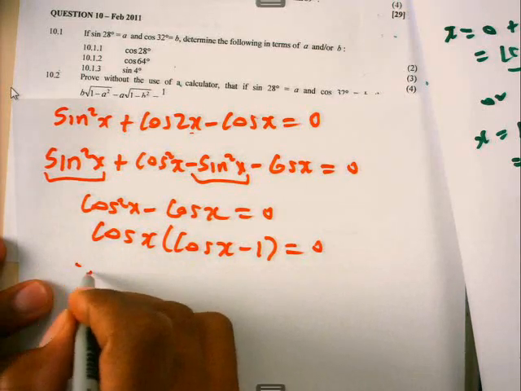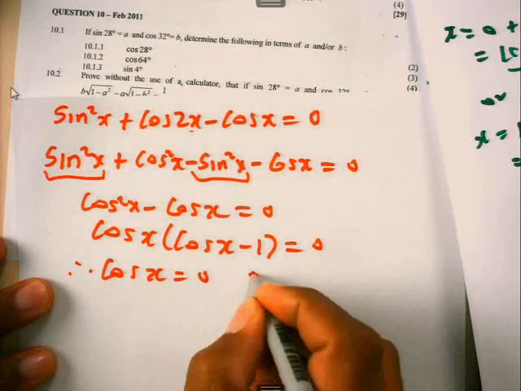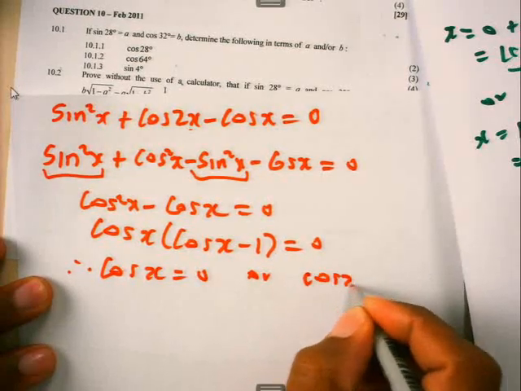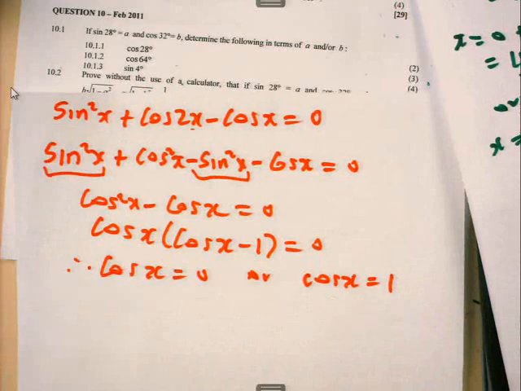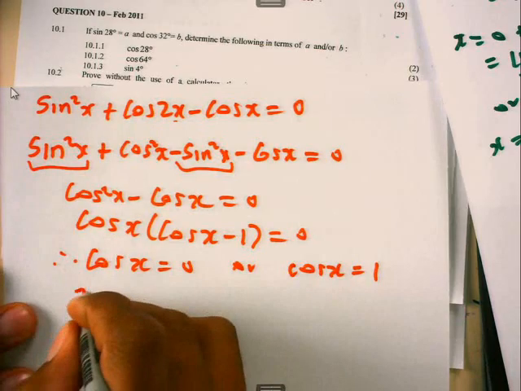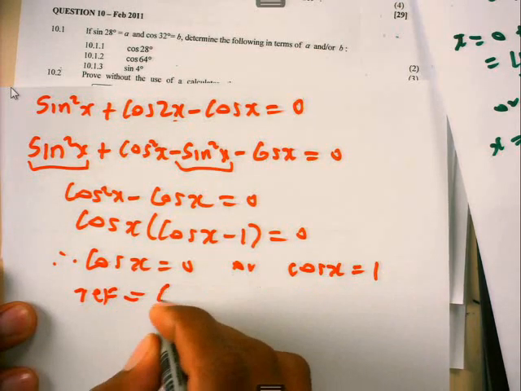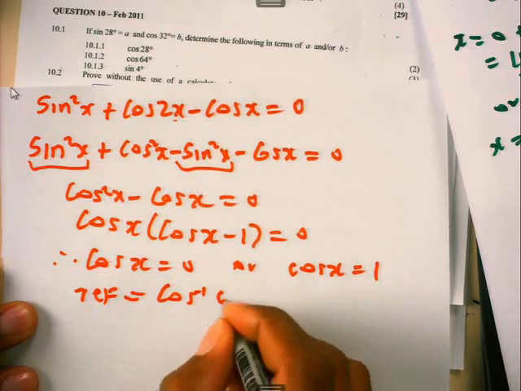Then now look, therefore here, cos x is equals to 0 or cos x is equals to the positive 1. From here, what is it that you must do? You determine the reference angle. What is the reference angle? Of course, that is the inverse of 0 degrees.